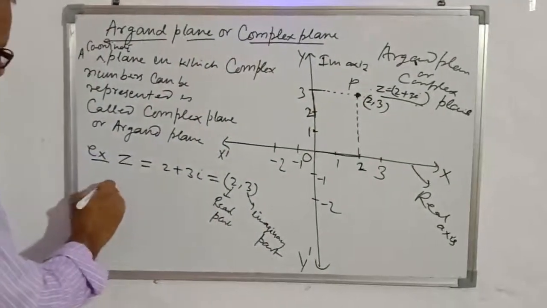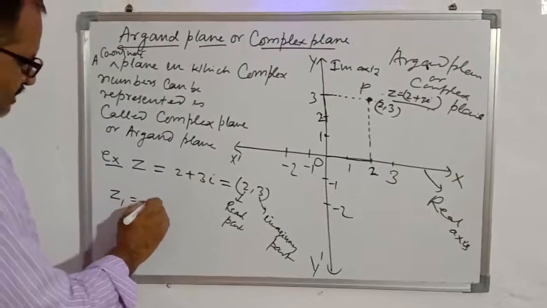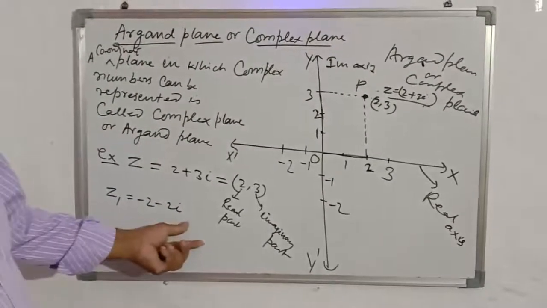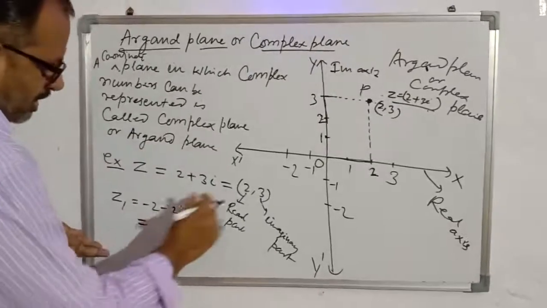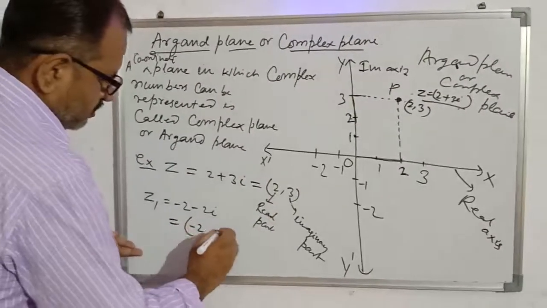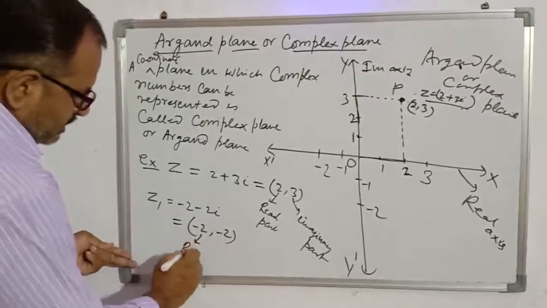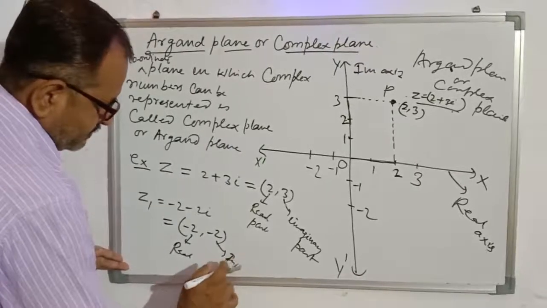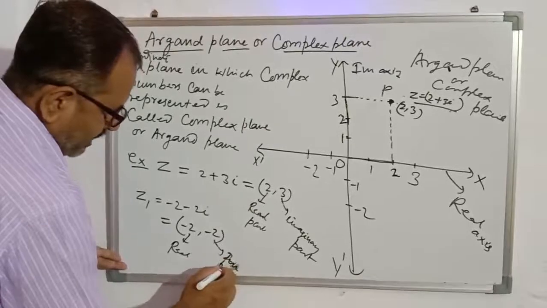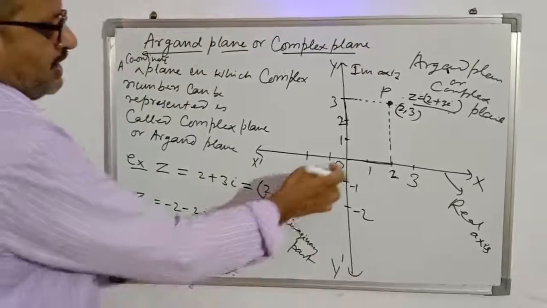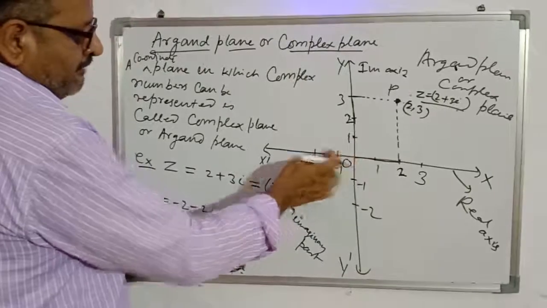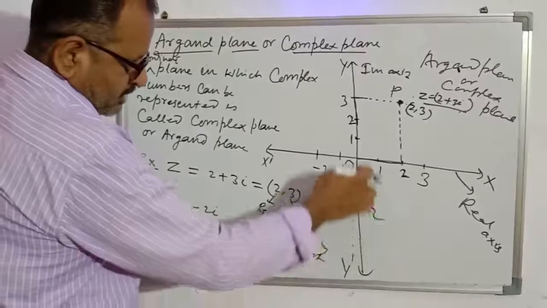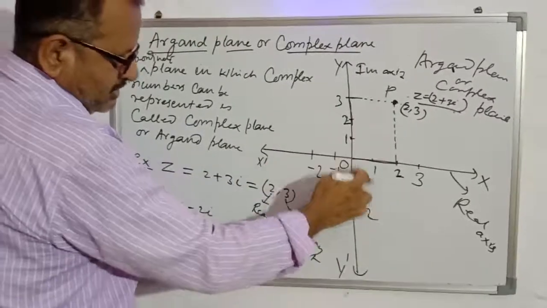If we take any other example, suppose z1 is minus 2 minus 2i. So what will be the corresponding ordered pair? (-2, -2). This minus 2 is the real part and this is the imaginary part. So on the real axis we will move 2 units left of the origin, minus 2, and the imaginary part minus 2, so minus 1, minus 2 in the negative direction of the y-axis, since the imaginary axis is the y-axis.